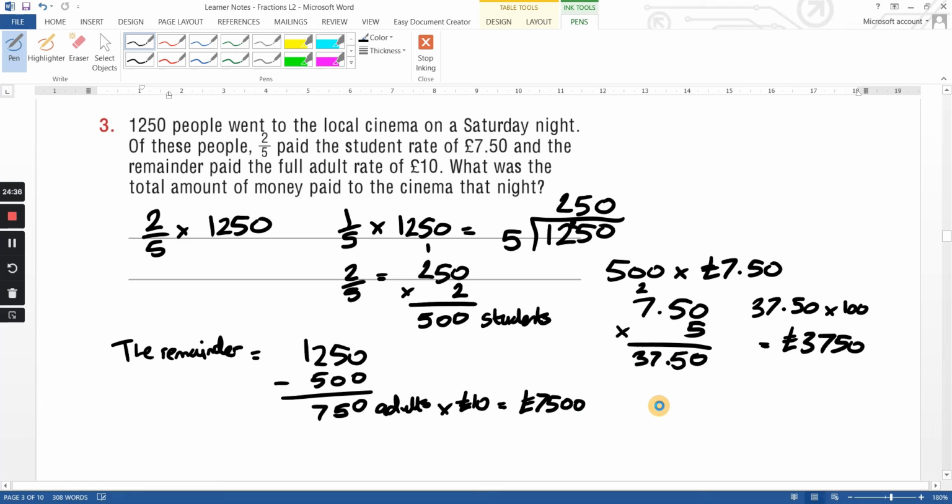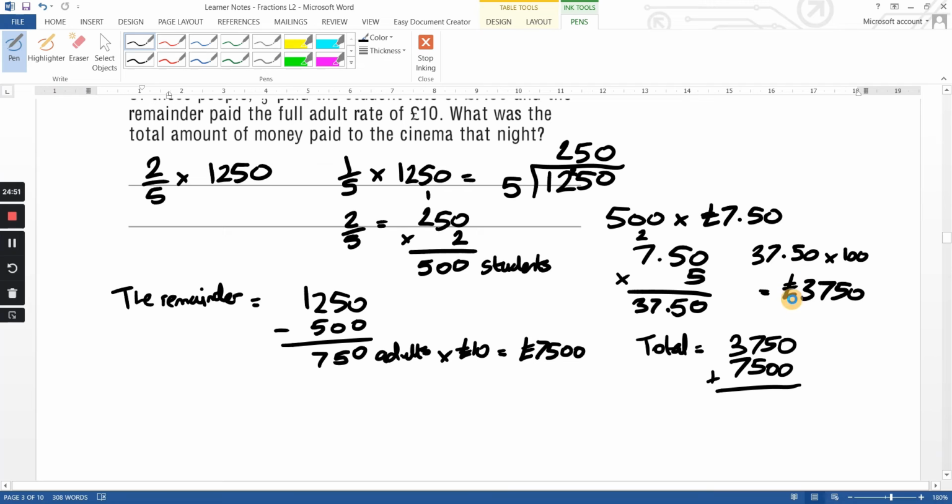So the total, let's do total here. Total is 3,750 plus 7,500. Yep, let's add these two together. I get, wow, £11,250.